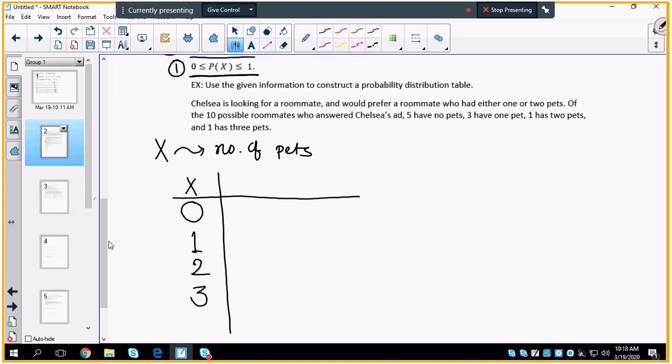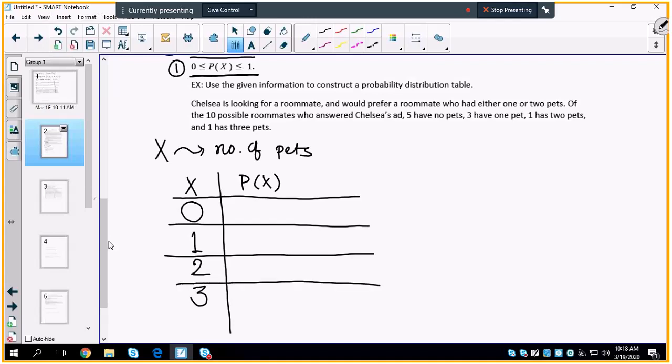Now, how do I determine the corresponding probability values? Well, you think about how many people responded to Chelsea's ad. As the problem said, there are 10 possible respondents. Then out of these 10 people, how many said they have no pets? Well, 5. So the probability for the random variable value, 0 pets, is 5 out of 10, which is 1/2.